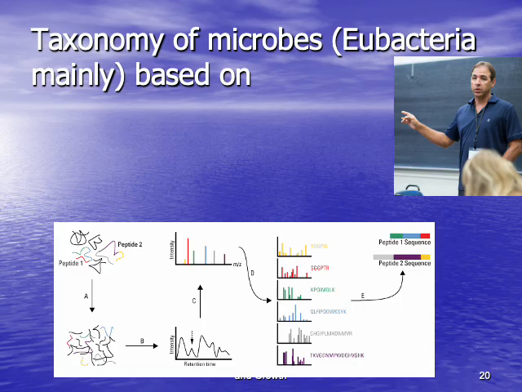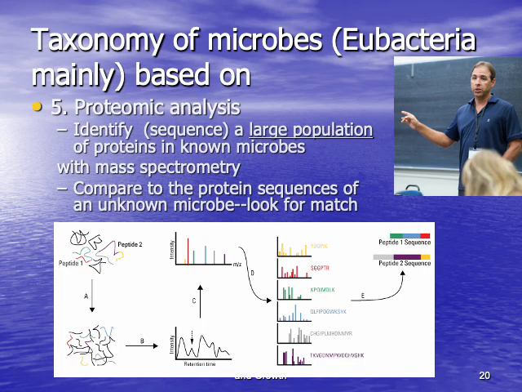And the last thing, we'll talk about doing taxonomy with proteomics, and we'll use the example of a very famous, handsome, well-known professor in our department, Dr. Vieira. All righty. When they do a proteomic analysis, they're not looking at one protein. They're looking at a population of proteins.